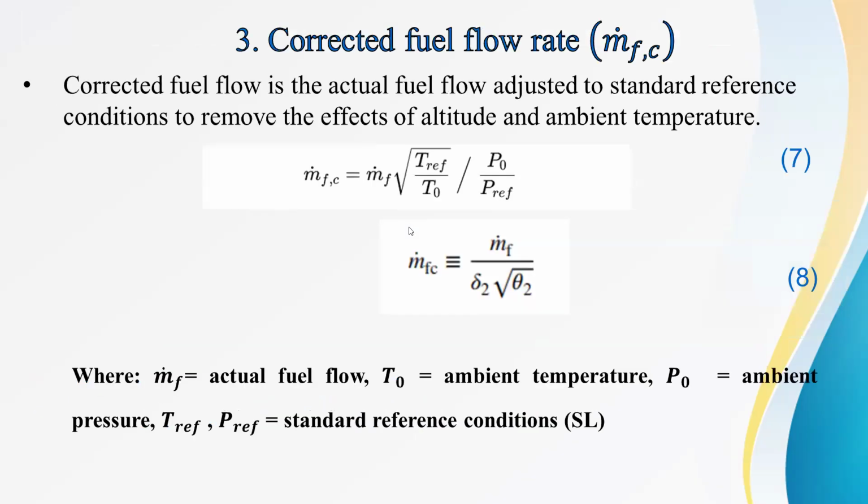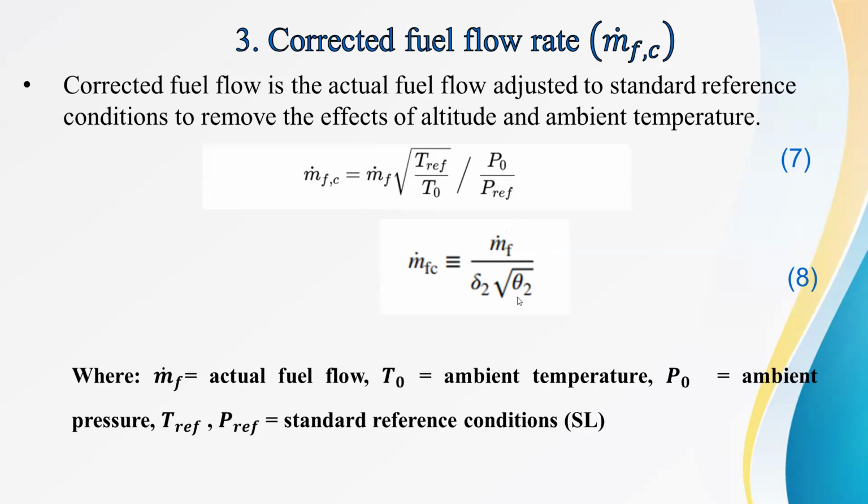The third one is the corrected fuel flow rate, the mass of fuel, corrected mass flow rate, m_f,c dot, which is given by the actual mass flow rate m_f times the temperature ratio divided by the square root of the temperature ratio over the pressure ratio. We can write m_f,c dot equal to the actual mass flow rate m_f of the fuel divided by delta, the pressure ratio, times the square root of theta, the temperature ratio.